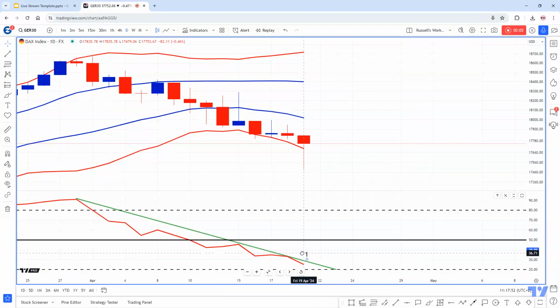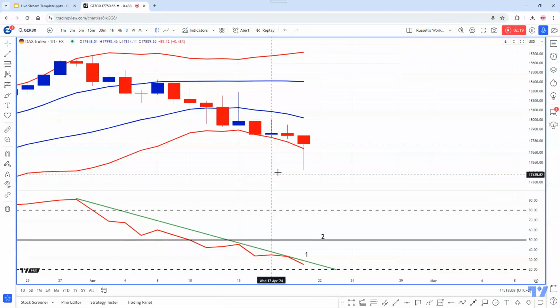And really, it needs to get above the 50 area. Once it gets above the 50 level, we go onto the bullish side of the oscillator, and that would be perhaps suggesting that this is a dip in the uptrend.